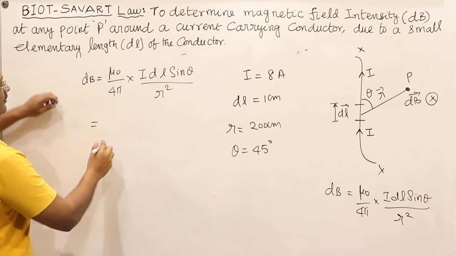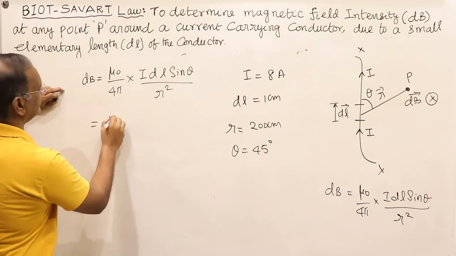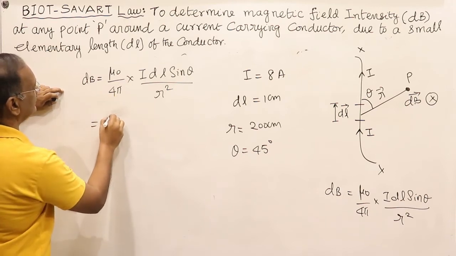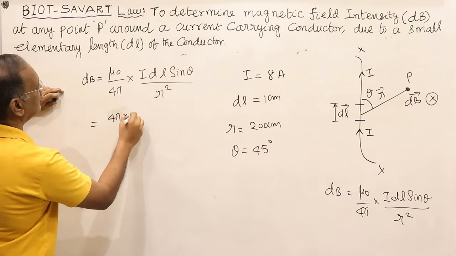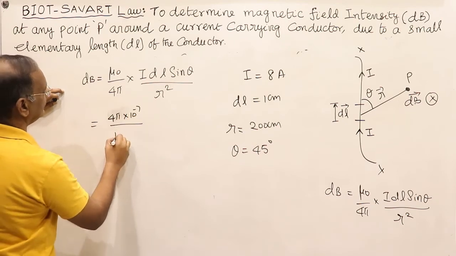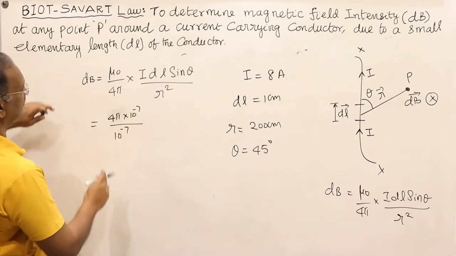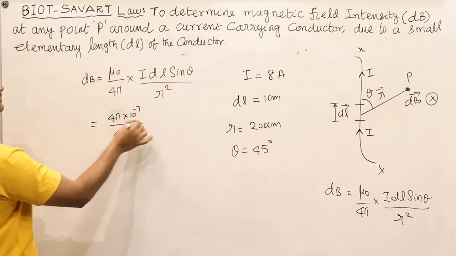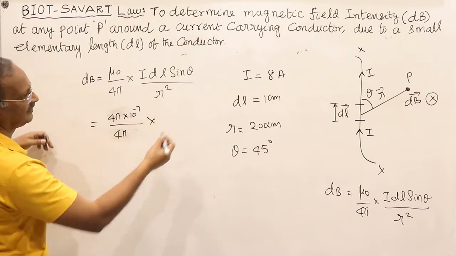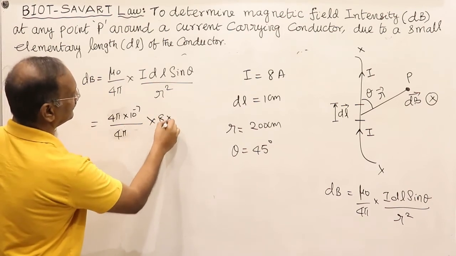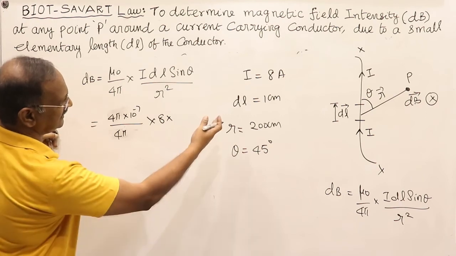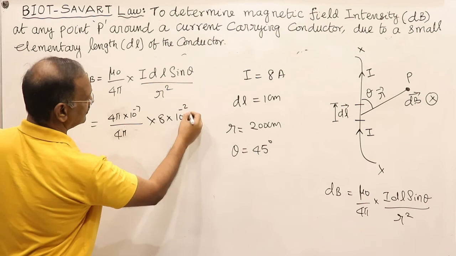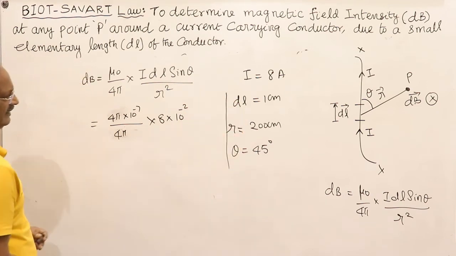What is mu naught by 4 pi? Mu naught is equal to 4 pi into 10 to the power minus 7, so mu naught by 4 pi is 10 to the power minus 7. Into I, which is 8 ampere. And dl is given as 1 centimeter, that is 10 to the power minus 2 meter. We have to write everything in meter.